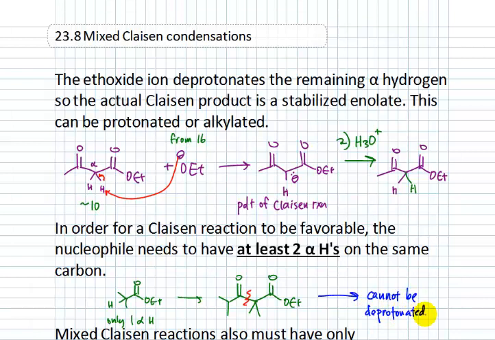So I end up with ethoxide ions present right there, and this reaction is not going to be favorable enough. We'll end up with just starting material right there.